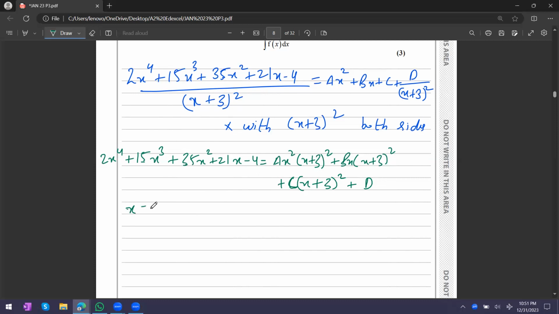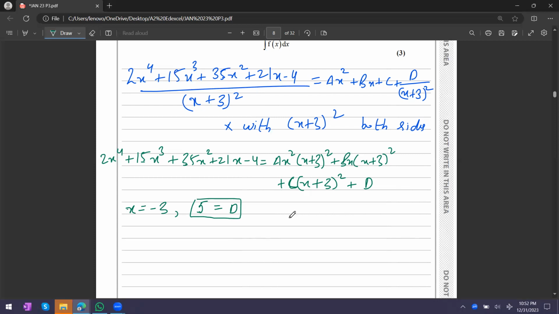If you take x is equal to minus 3, what does the left side become? Left side, you put it in the calculator, minus 3, and the left side will become 5. What about the right side? The first term cancelled, second term cancelled, third term cancelled. It's only d left. So we have already found one constant, 5 is equal to d.